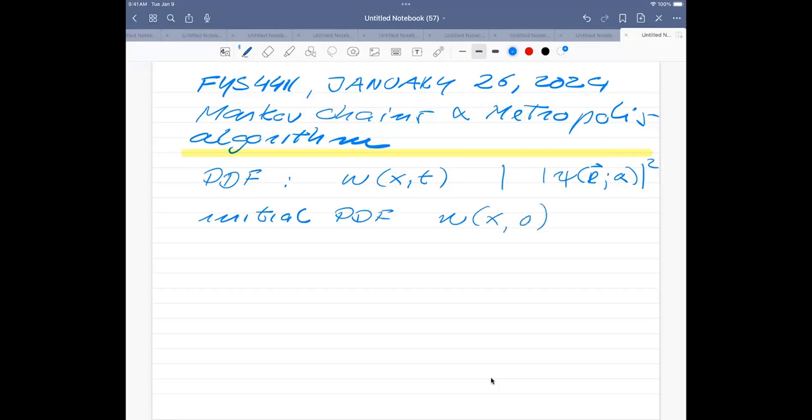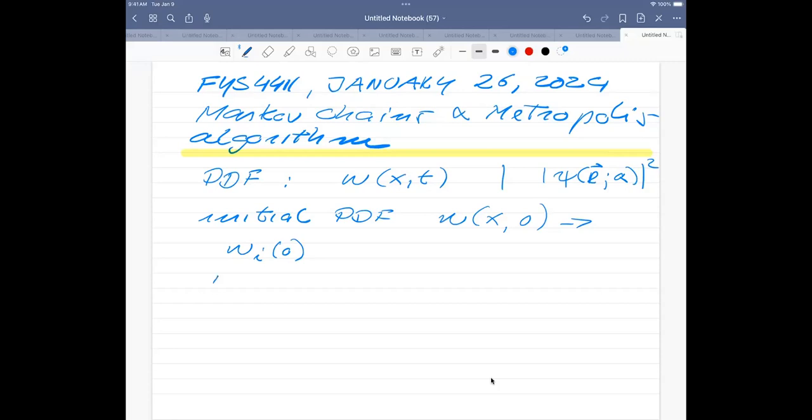Now, what we are going to do is replace this one with just time. So we are going to discretize the position x with just a subscript i. So we're going to rewrite this as W_i, where this i could be a position.